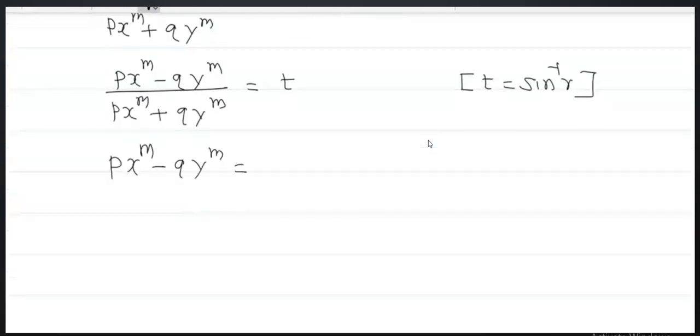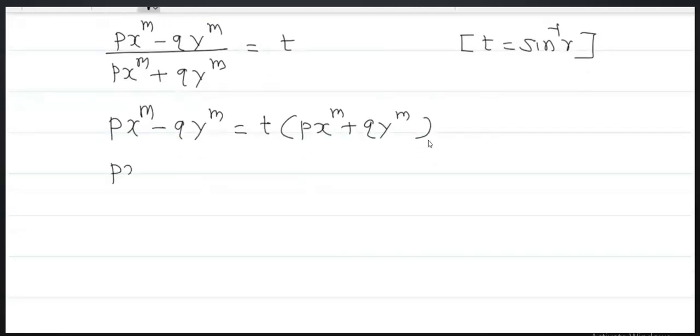So (px) raised to m minus (qy) raised to m is equal to t into bracket (px) raised to m plus (qy) raised to m, which is t (px) raised to m plus t (qy) raised to m.